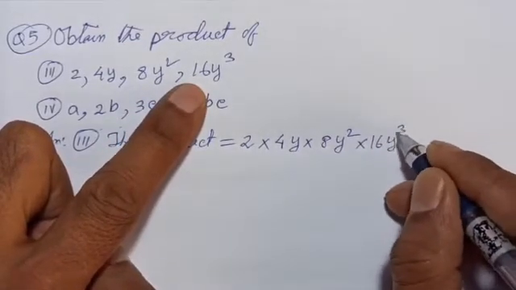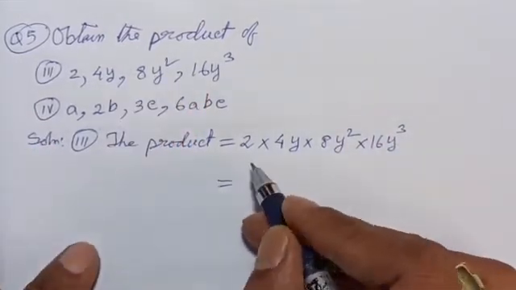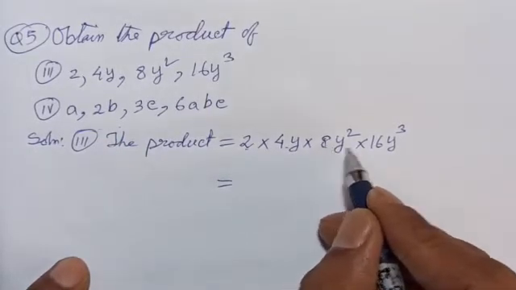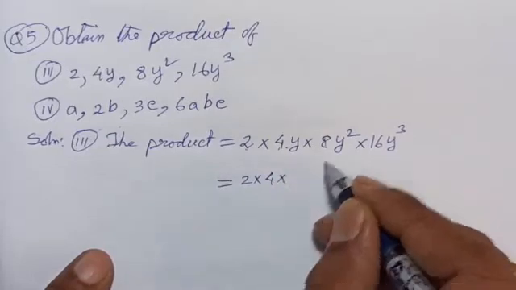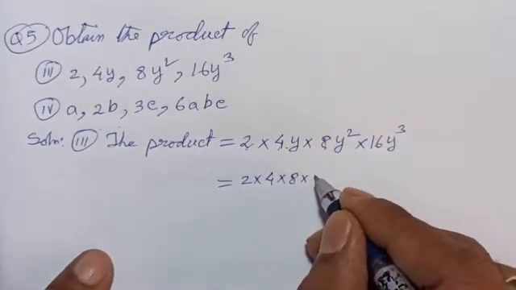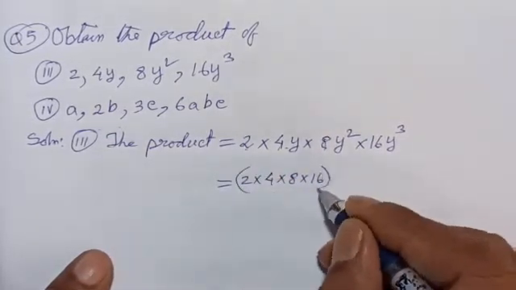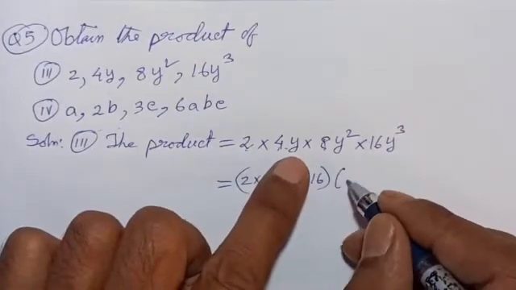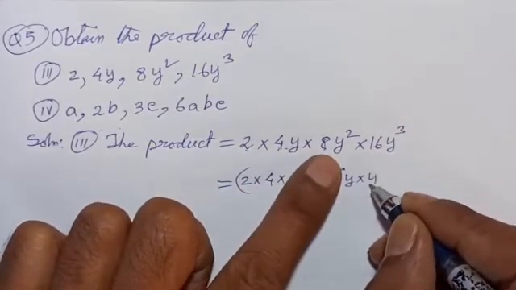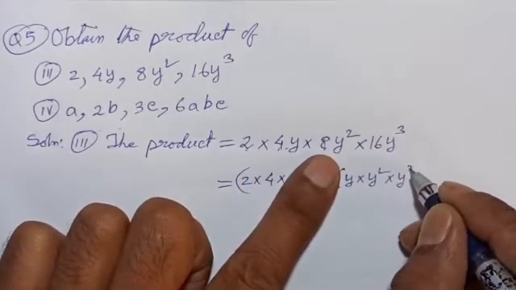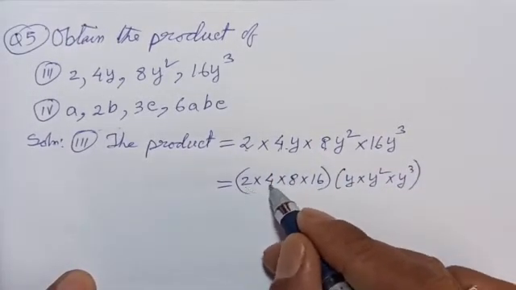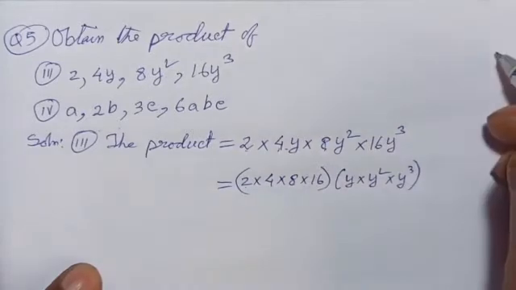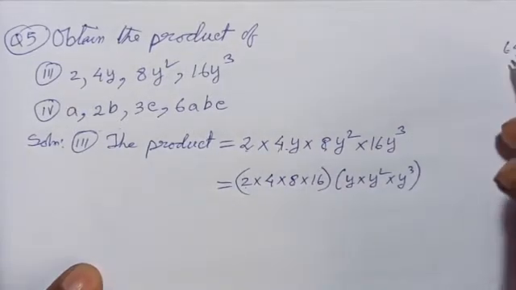Now let us multiply this. 2 into 4 into 8 into 16, we have to multiply first. After that we have to multiply y into y square into y cube. Now first let us multiply 2 into 4 into 8. 2 into 4 is 8, 8 into 8 is 64, and 64 we will multiply by 16.